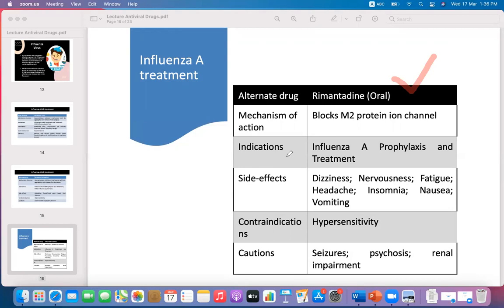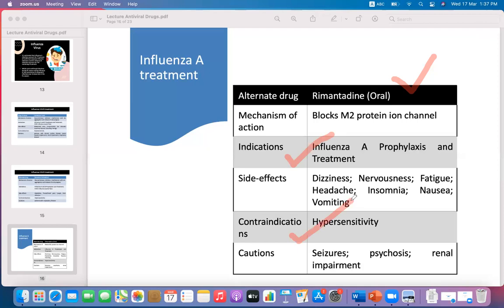Indications: only prevention and the treatment of influenza A. Side effects include dizziness, nervousness, fatigue, headache, insomnia, nausea, and vomiting, which are the abdominal discomforts.